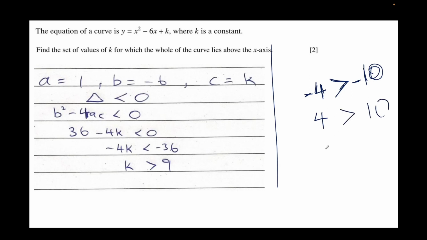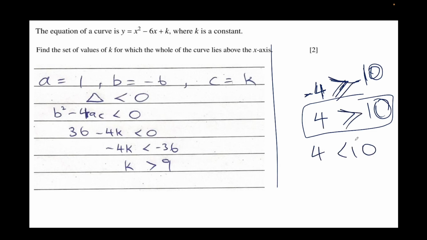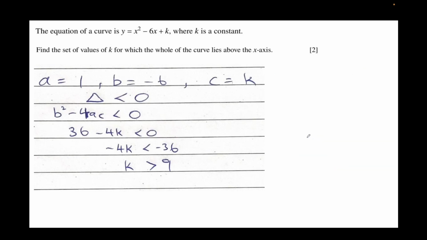What happens if you don't change the sign? It's going to be a math error. That's blatantly incorrect: 4 is not bigger than 10, 4 is less than 10. Do you see why we had to reverse the sign? Reversing the sign makes it mathematically correct. This illustrates the basic rule about why we reverse the sign for inequalities whenever we divide both sides by a negative number. And that's where we get the answer: k is bigger than 9.